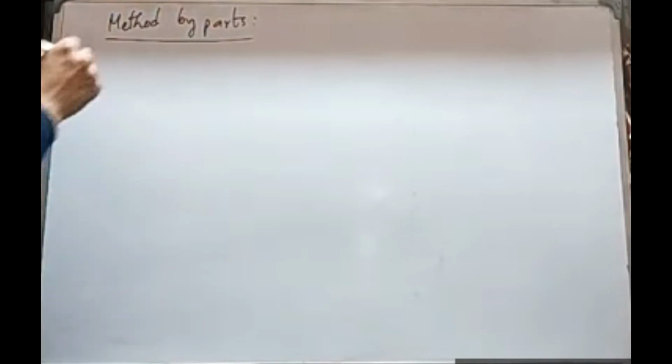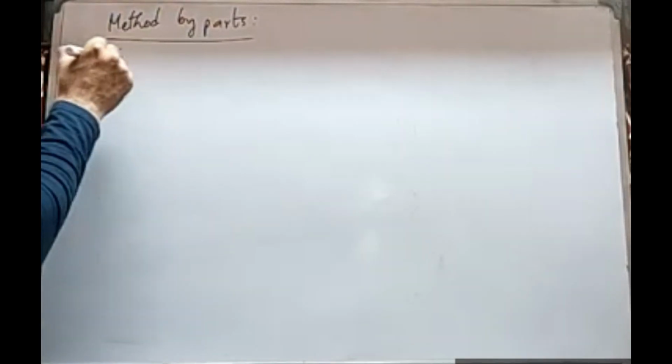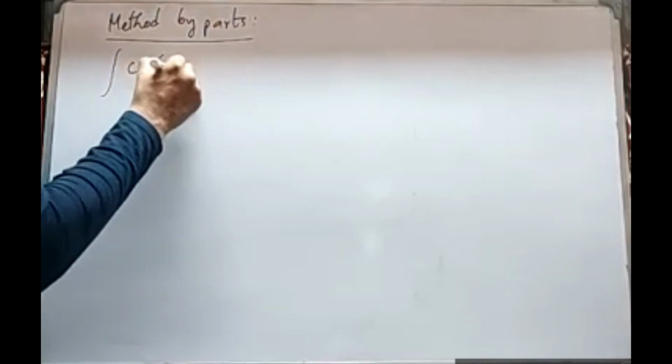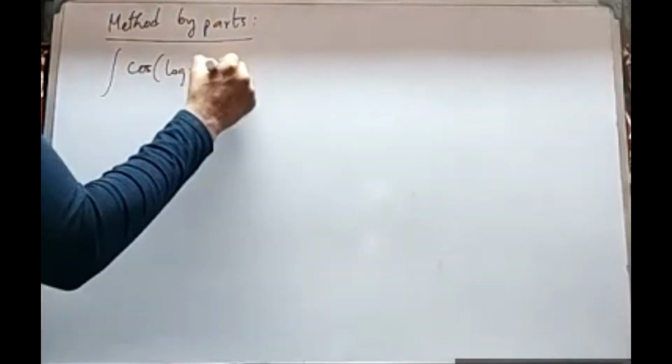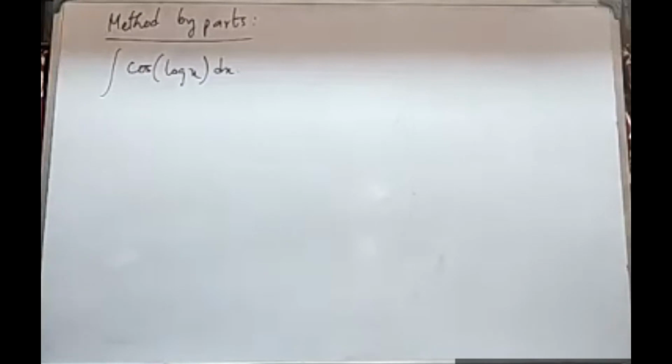The next problem is this one. Integration cos of log x dx. Cos of log x. Only one function is there. Cos of log x is one function. It's not the product of two functions.